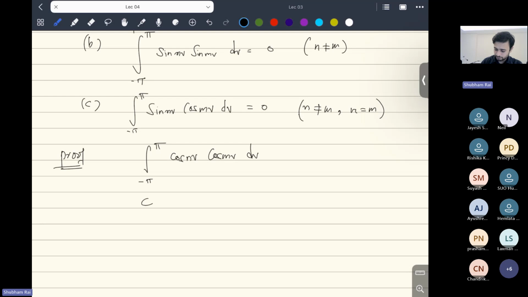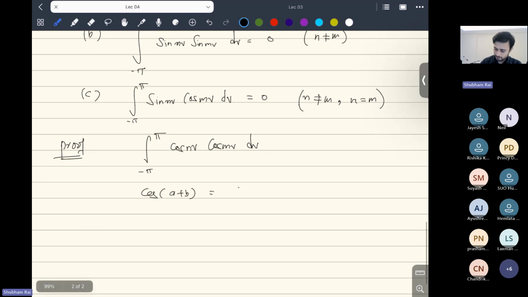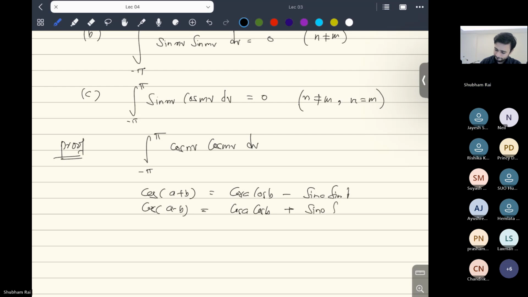If you have studied, we have the formula cos(a plus b), which is nothing but cos a cos b minus sin a sin b. And then we have cos(a minus b), where the sign changes, so cos(a minus b) is cos a cos b plus sin a sin b, right?